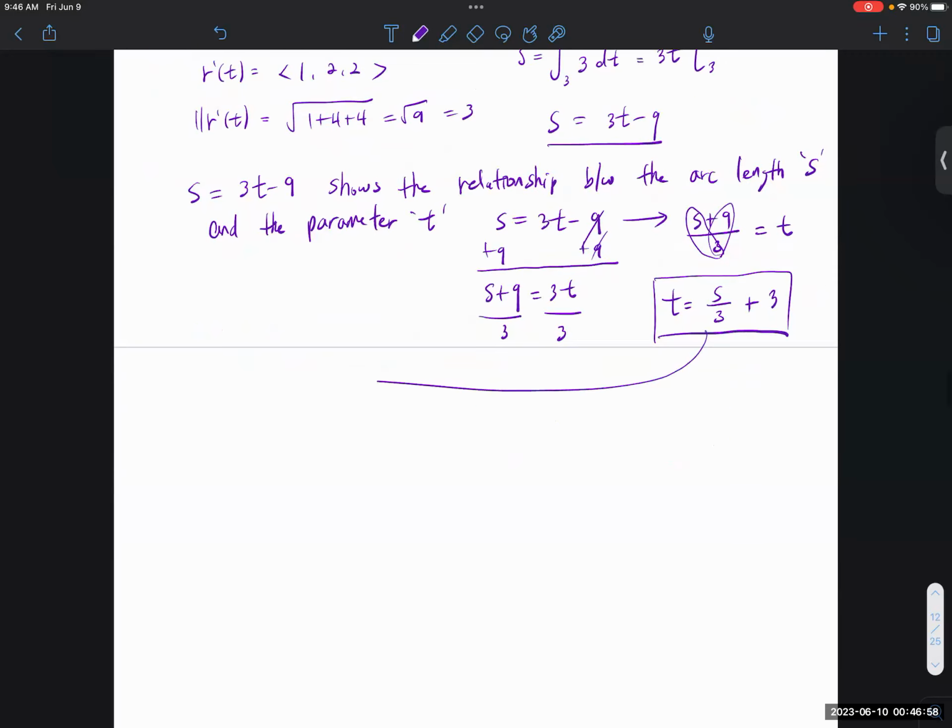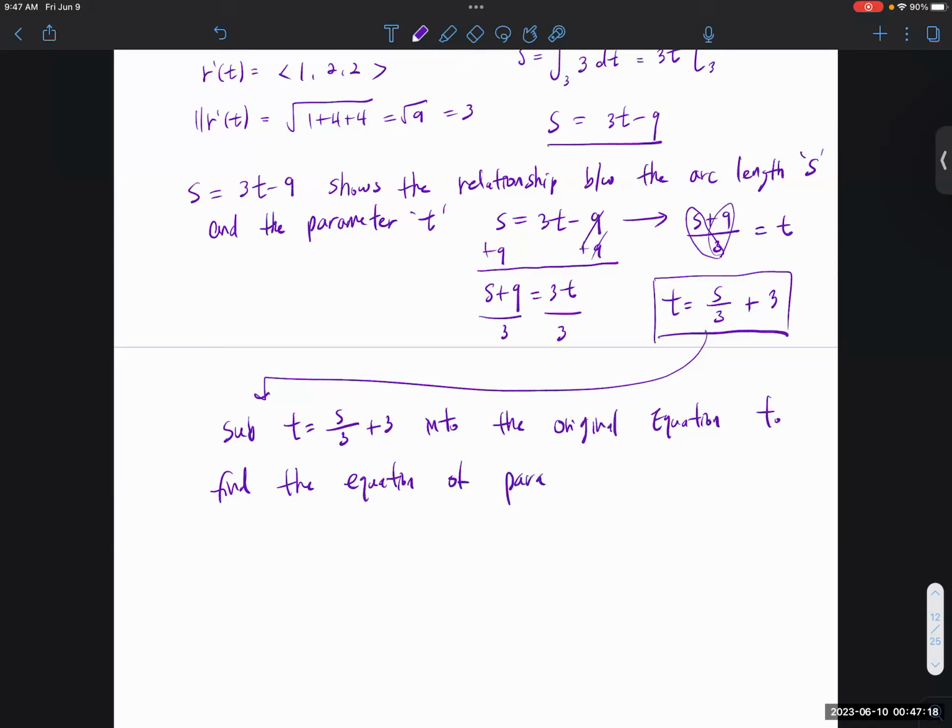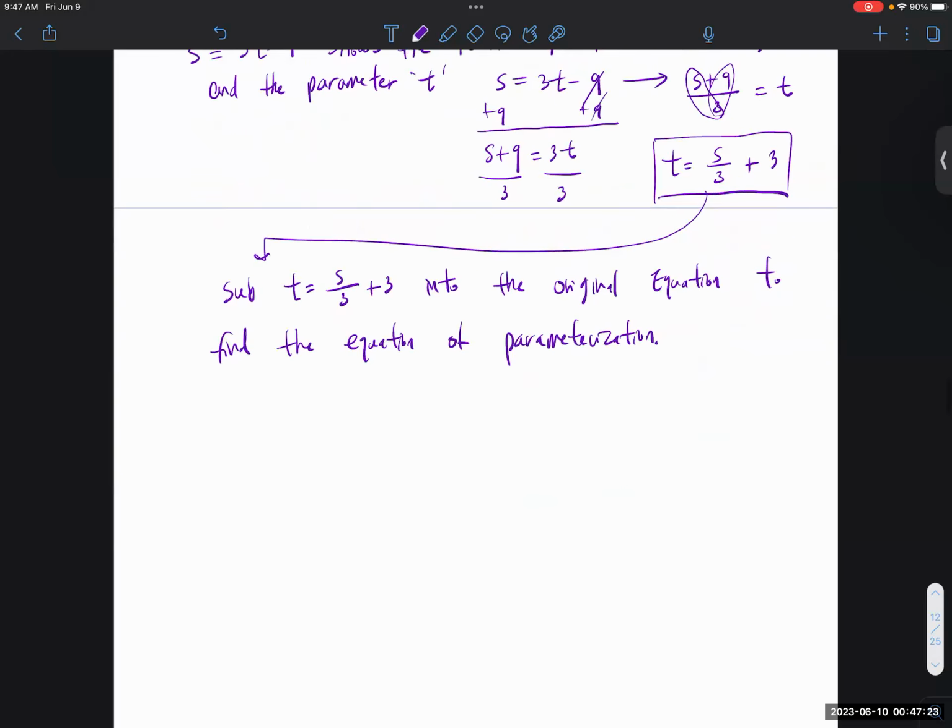We are going to substitute t equals s over 3 plus 3 into the original equation to find the parameterization equation. So r(t) used to be t plus 3, 2t minus 4, 2t.